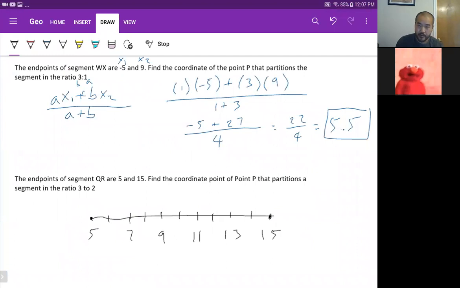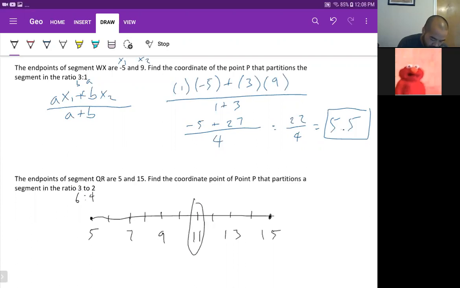Okay, so you want the ratio to be 3 to 2. There's 1, 2, 3, 4, 5, 6, 7, 8, 9, 10 spaces here. So in order to make it 3 to 2, that's basically a ratio of 6 to 4. So 1, 2, 3, 4, 5, 6 will be right here.